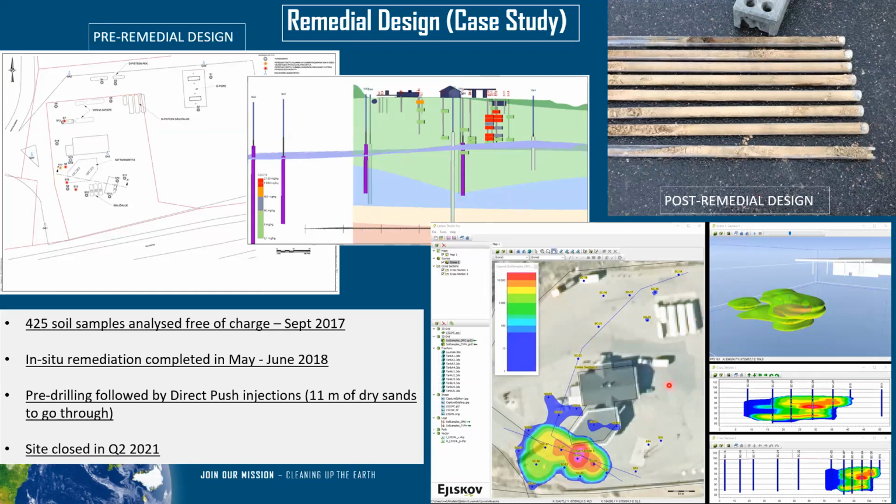But at the end of the day, during the RDC, we were also able to collect up to 425 soil samples and create a very detailed model of where the residual soil contaminant mass was present.